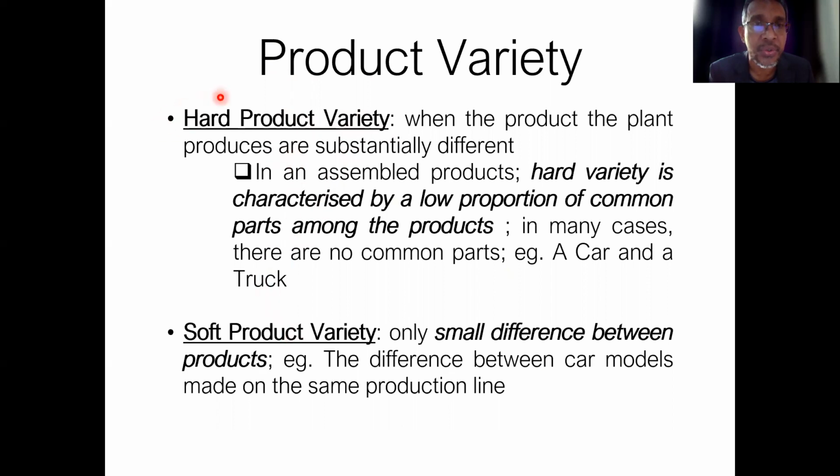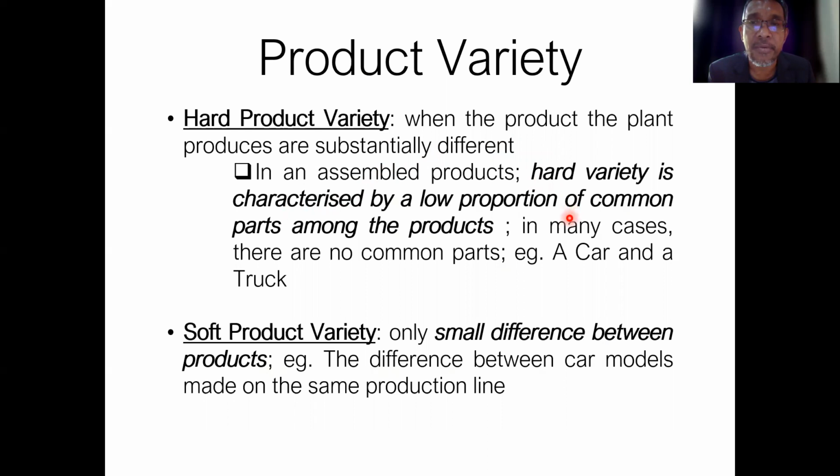There are two names given in this textbook, so we can always call these hard and soft product. So for the hard product variation, normally they have a huge difference between the products themselves.